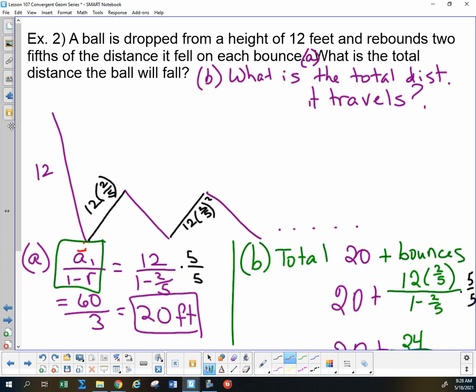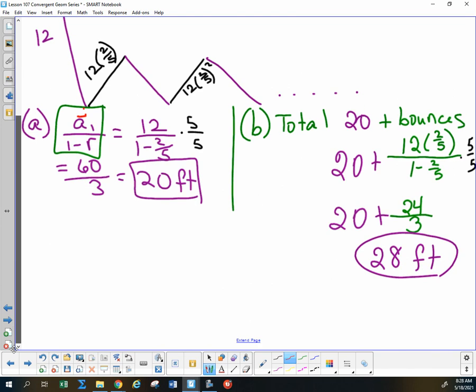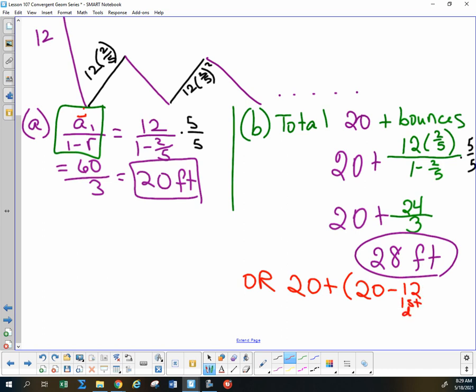So if I took away that 12 from this first total, that would tell me all of these other bounces that I'm looking at. So the shorter, easier way would have been 20 plus 20 minus 12, which was that first drop. So 20 plus 8 would have also given us our 28 feet. Everybody okay there?